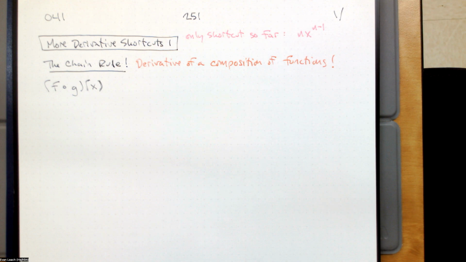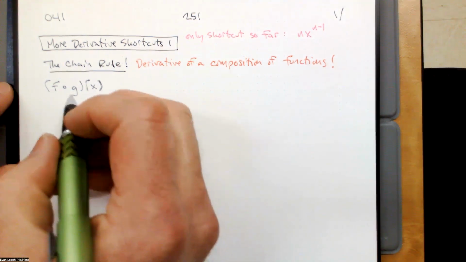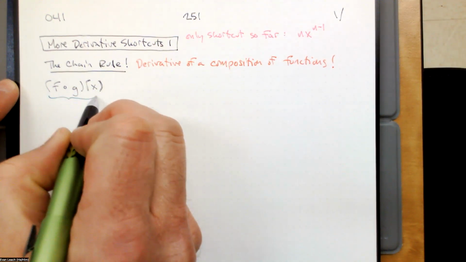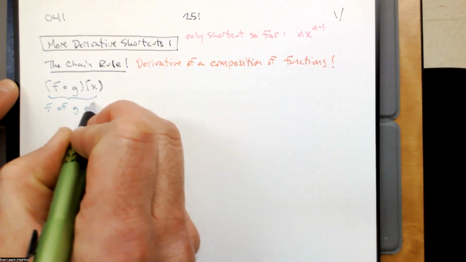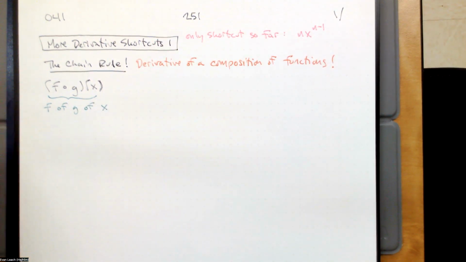So this is our notation for f of g of x. This is telling you to do two functions to x. First, you do g, then you do f.